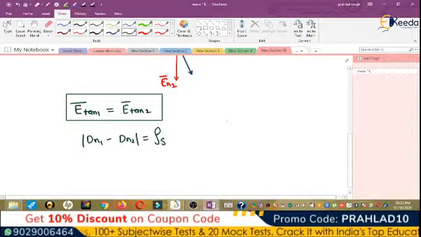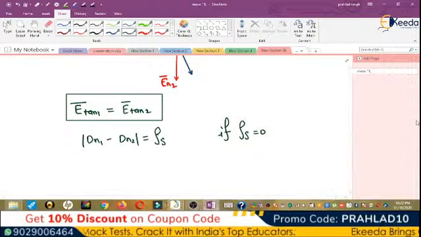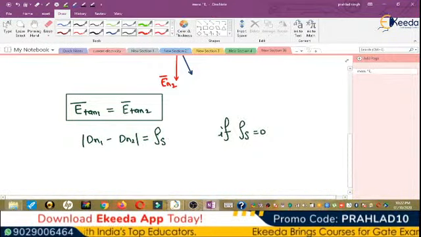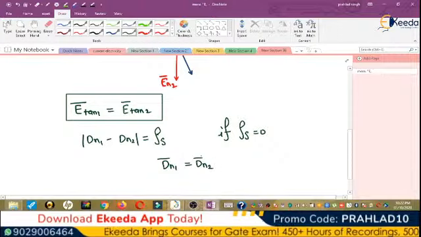If surface charge density is equal to 0, it means there are no surface charges present on the boundary, then we get Dn1 is equal to Dn2.